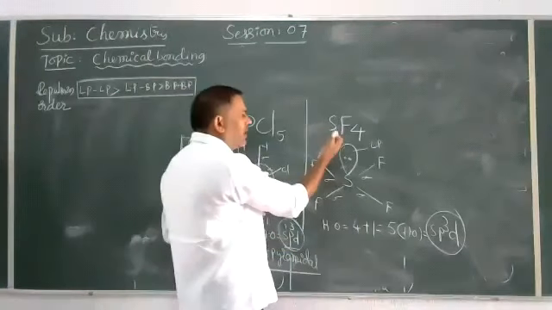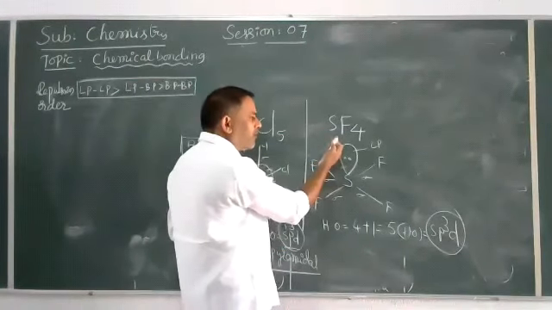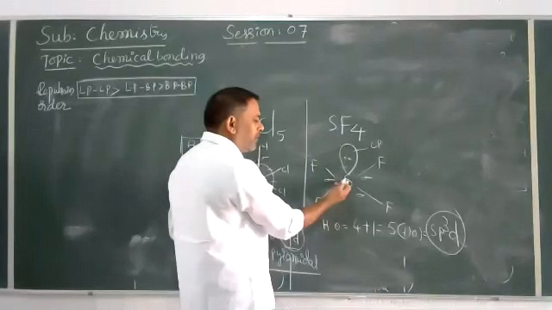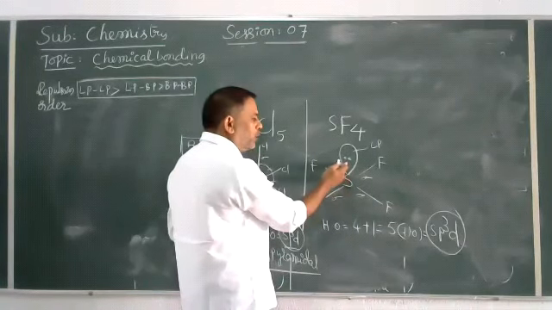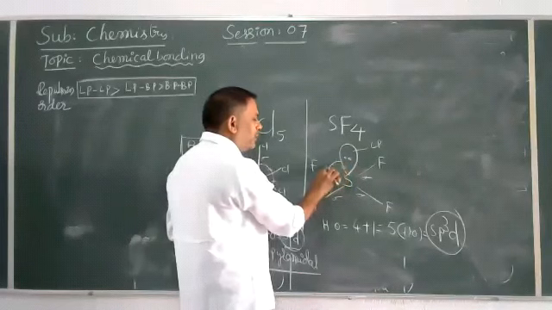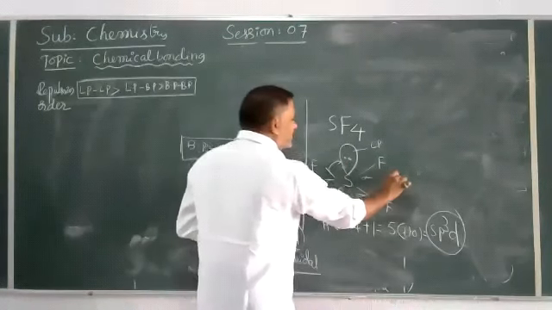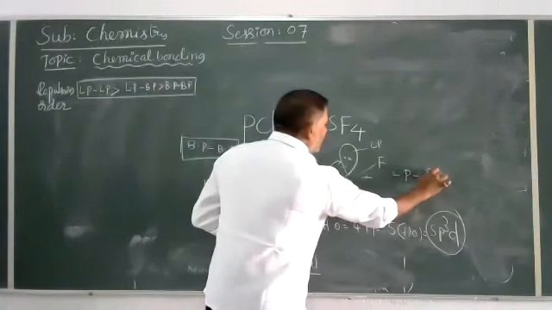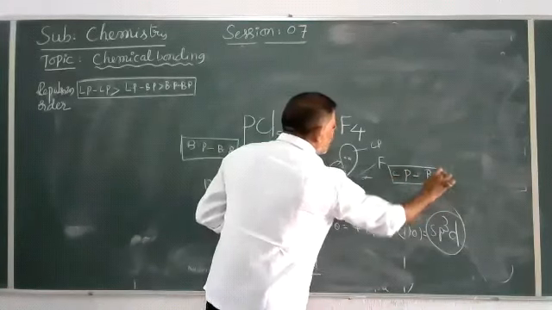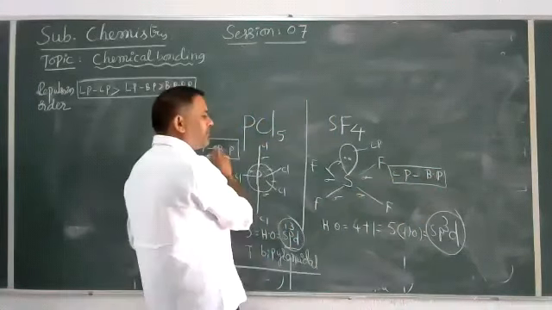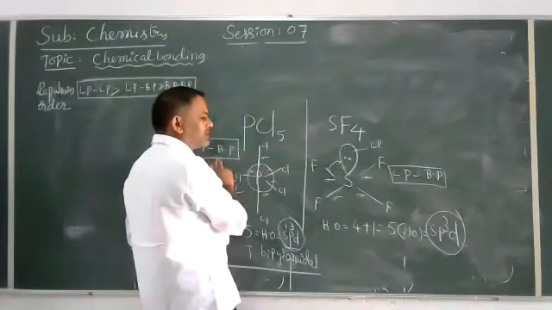But whereas in SF4, sulfur tetrafluoride, the central atom sulfur contains 1 lone pair. Due to the presence of lone pair and bond pair repulsions, LP and BP repulsions, there is somewhat more repulsive force compared to this case, so its geometry changes from regular to irregular order.